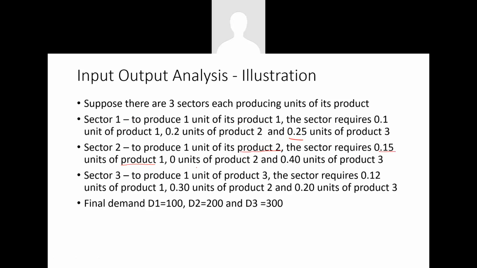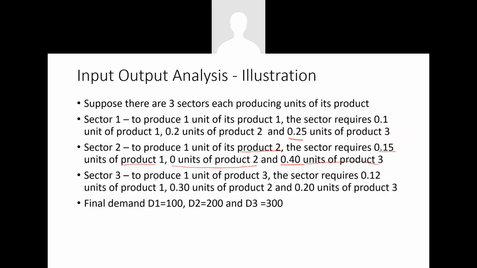It requires 0 units of product 2, that is, it doesn't make use of its own product as its input. And it also requires 0.40 units of product 3. There is another sector 3 which is producing another product 3, and 0.40 units of product 3 goes as input into the manufacturing of 1 unit of product 2. So that is the case of the second sector.